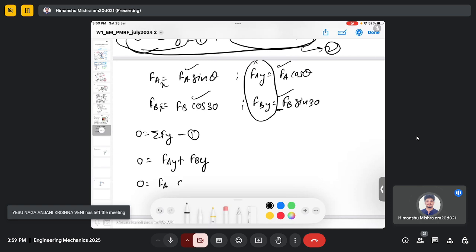So it is 800 by 2, so it will become 400. So this can be written as Fa cos theta equals 400, right? So you can see there are two unknowns. Fa is an unknown quantity, and theta is again an unknown quantity.